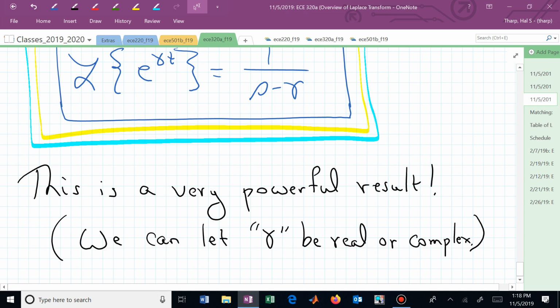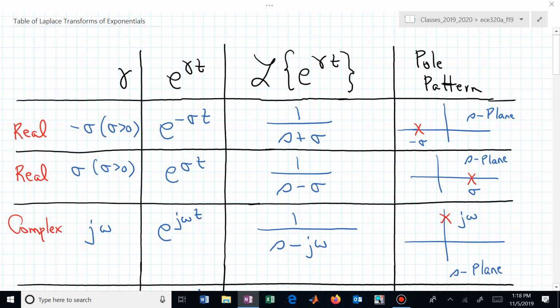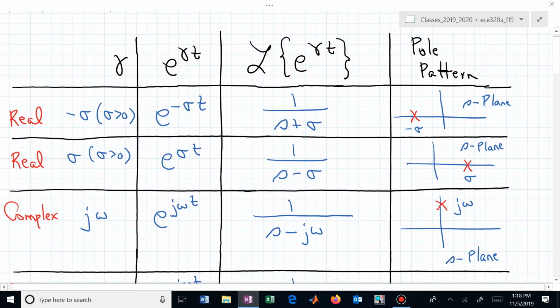this is a very powerful result. So I'm spelling it out. And as I said, we can let this gamma be real or complex. So let's look at it in multiple ways. Now, try to write this down in a hurry.